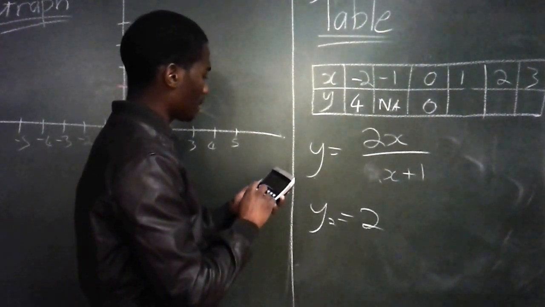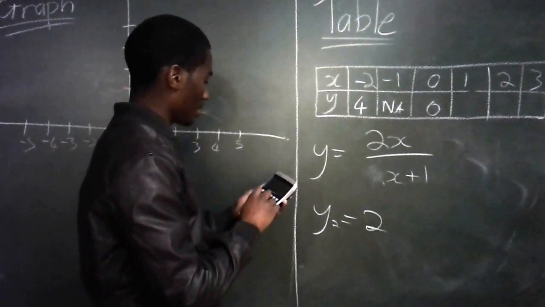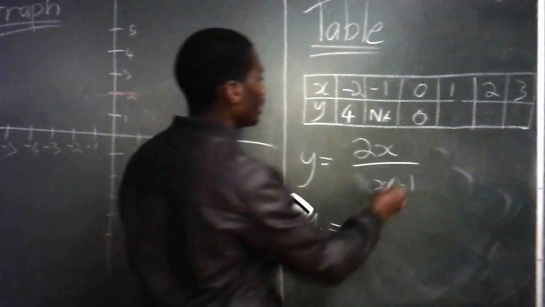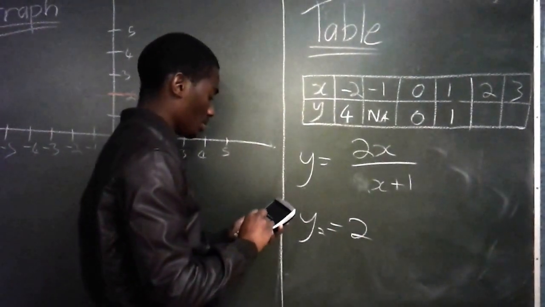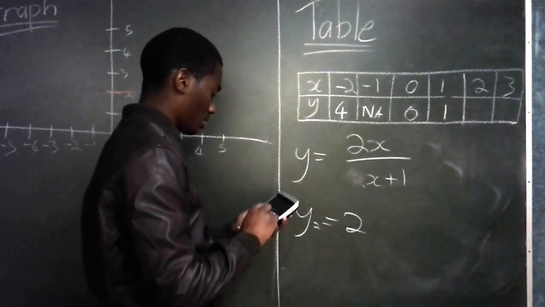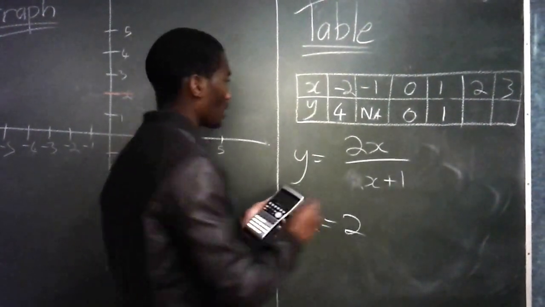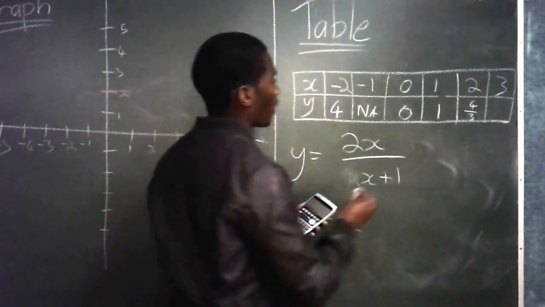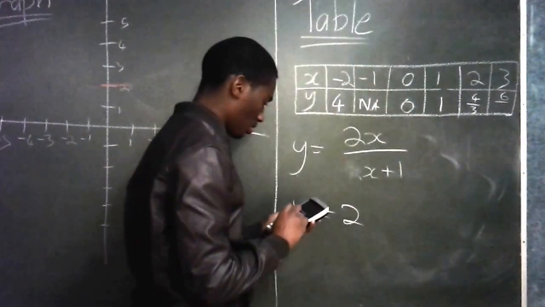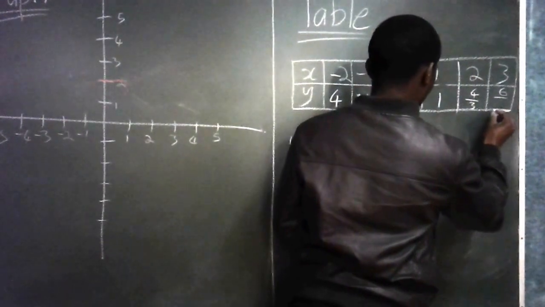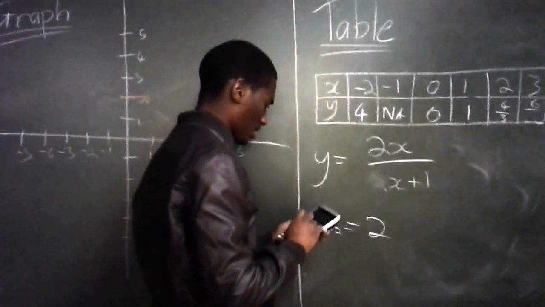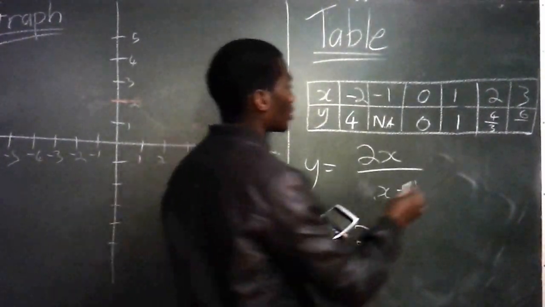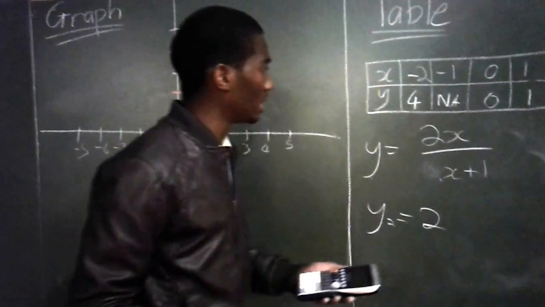When we have 1, we're going to have 1. For 2, we're going to have 4 over 3, and for 3, let me just make sure, for 3 it is 6 over 5. Okay, I hope you can see that.